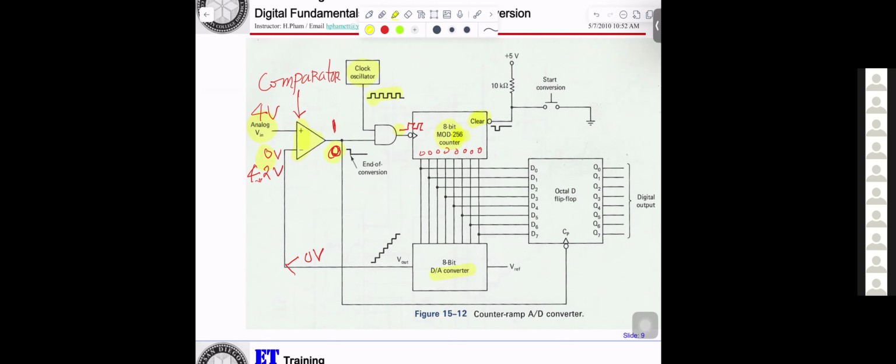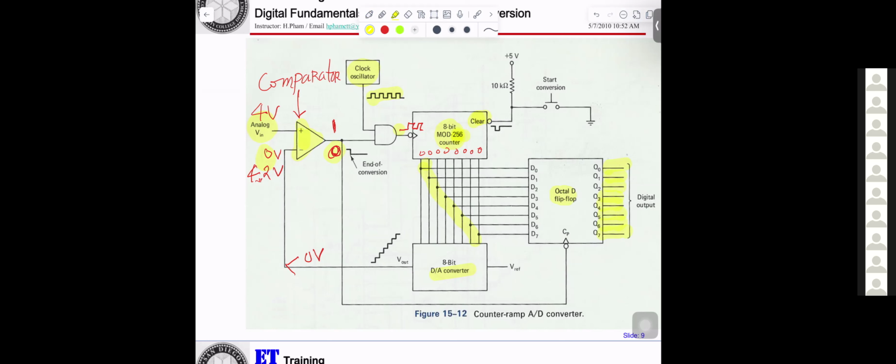So the binary in here will be equivalent to 4.2 volt. And this goes into the flip-flop here, and they get output here. So this output will be equivalent to 4.2 volt.